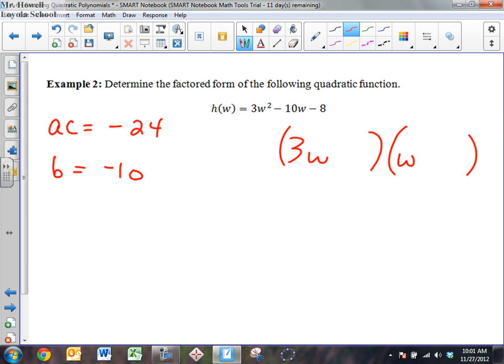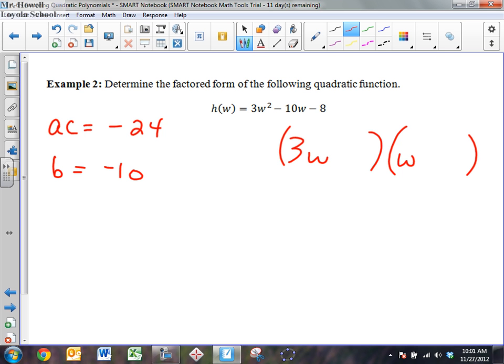Now, Nick, what are we doing at this point? Remember last problem, we looked for numbers that multiply to give us this and add up to this? So instead of doing that, we get the AC, which is negative 24, and you're trying to find out what multiplies to the AC and adds up to the B. Good. Let me pause you because you're right, and I want to make sure it's clear.